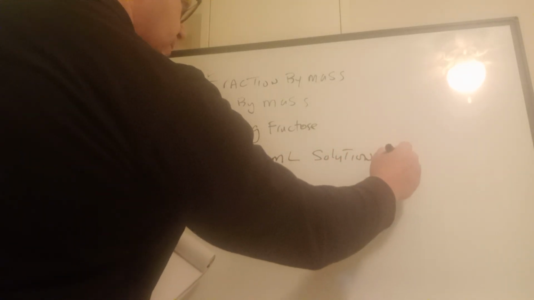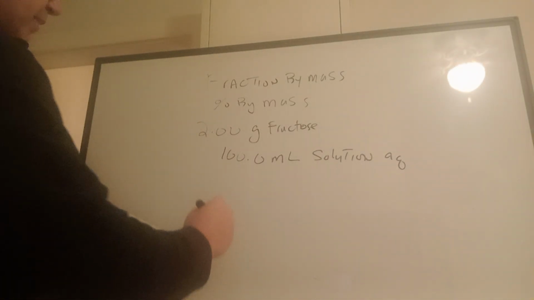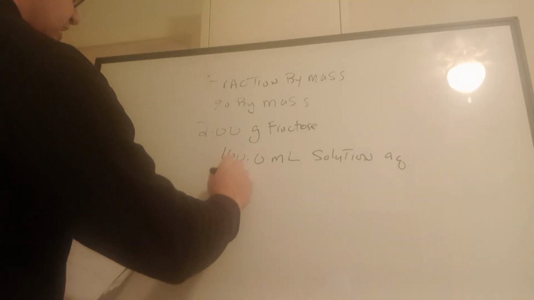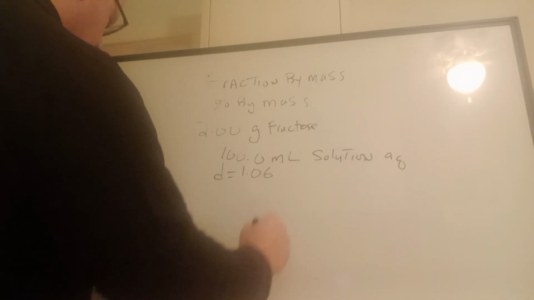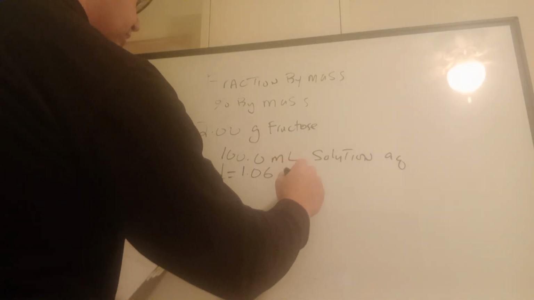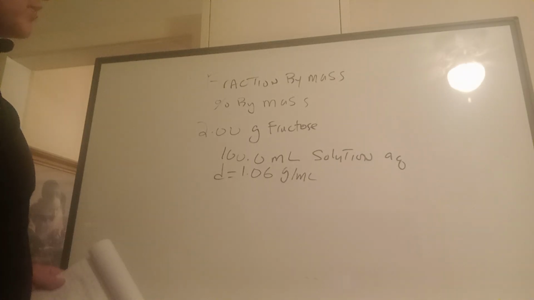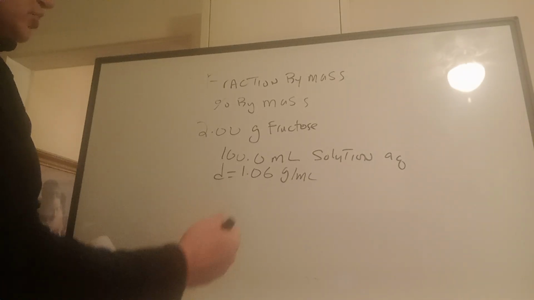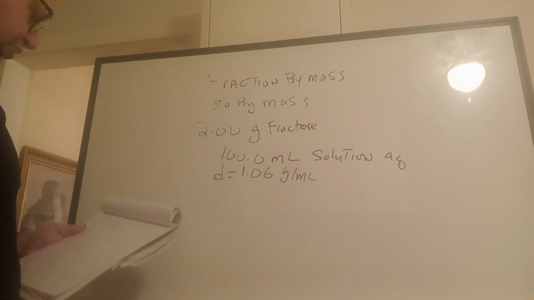It's in water. So we make a 100 milliliter solution with this, and let's say at whatever temperature this is, the density is equal to 1.06 grams per milliliter. And let's say we want to get the mass fraction of the fructose in that solution, and the percent by mass that's commonly reported.